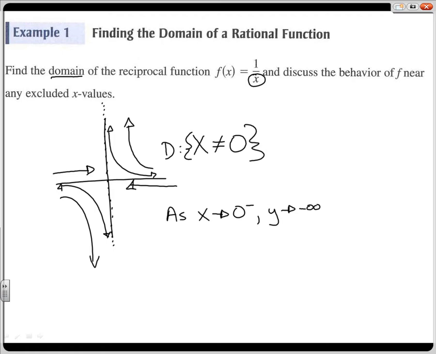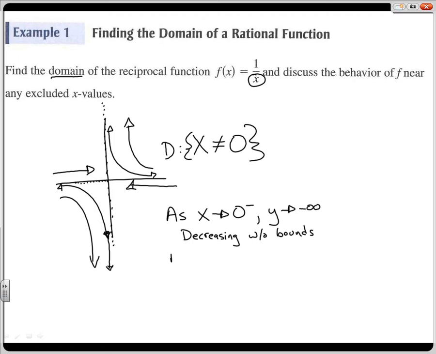As we get closer and closer to 0 from the left, our y values are going down, closer and closer to negative infinity. The other way we can say this is our graph is decreasing without bounds. That means it's going down forever.